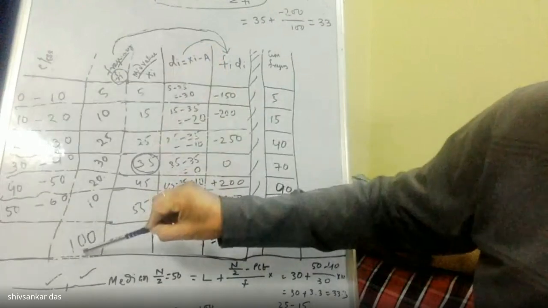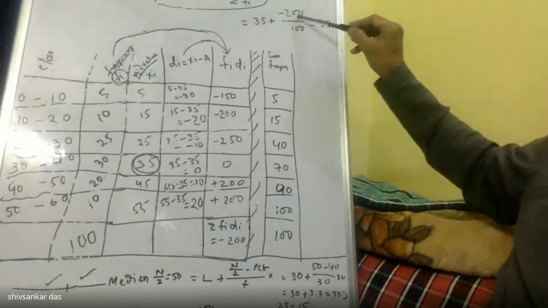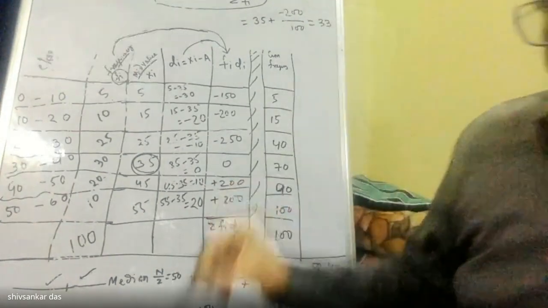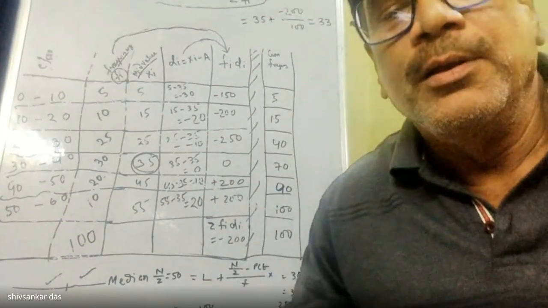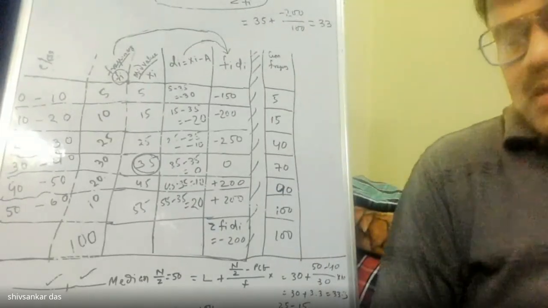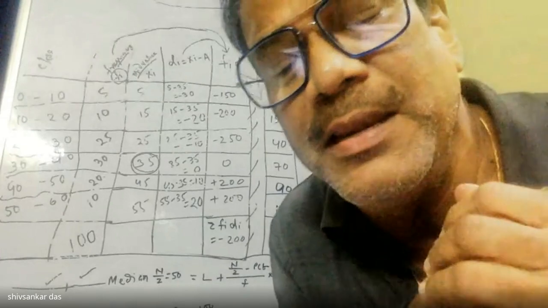Summation of fi is equal to n, minus 200 by 100, is equal to minus 2, so 33. So I have taught you calculation of mean in 3 different ways.